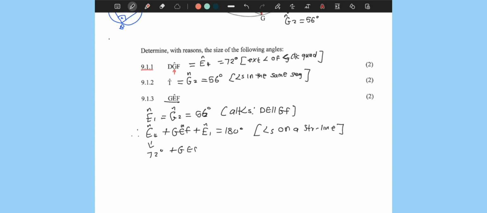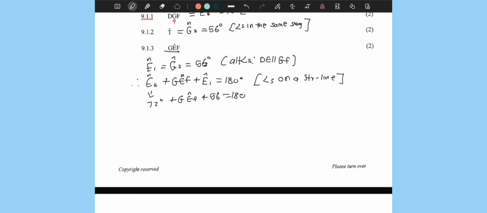This GEF is the angle I'm looking for. This is 56, equals 180. So then I just have to make this GEF the subject of the formula. I'm going to subtract all these 72 and 56 from 180. GEF: 180 minus 72 minus 56 is going to give me 52 degrees. So the actual size of this GEF will be 52 degrees.